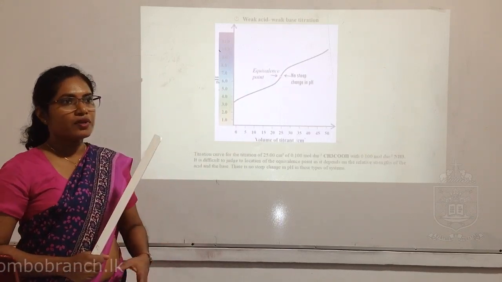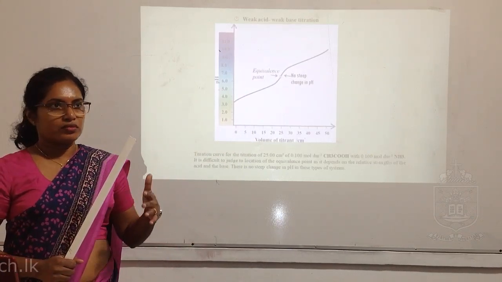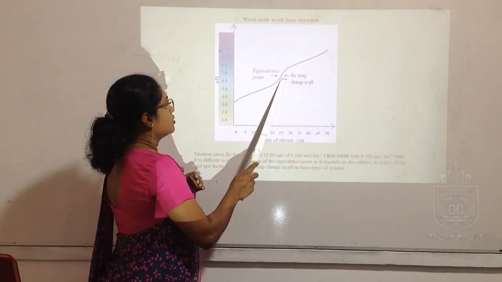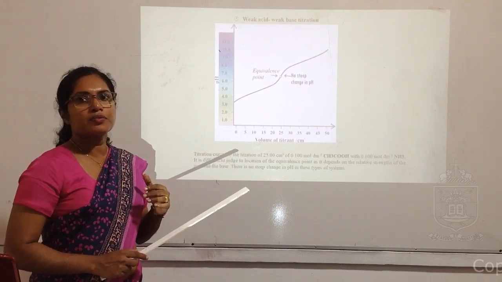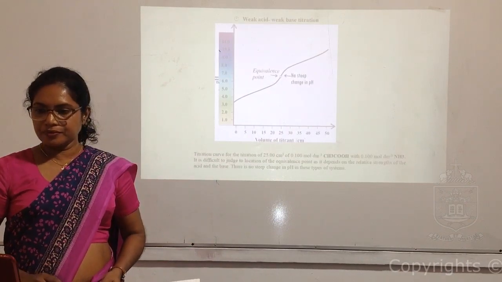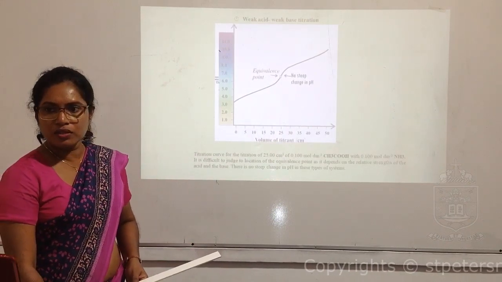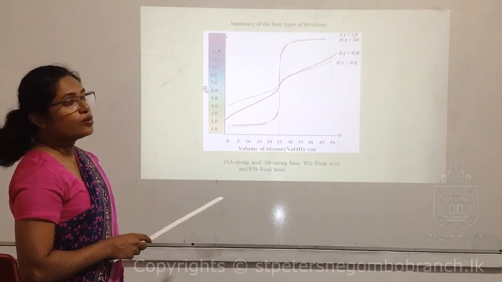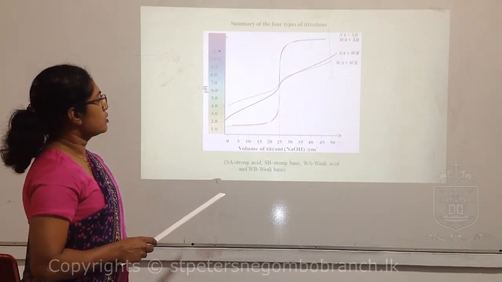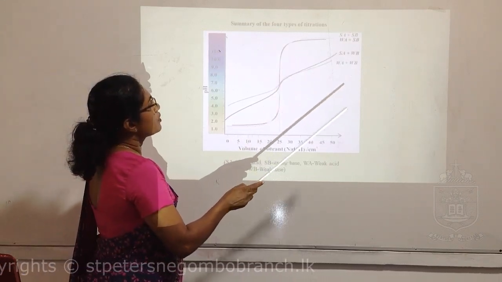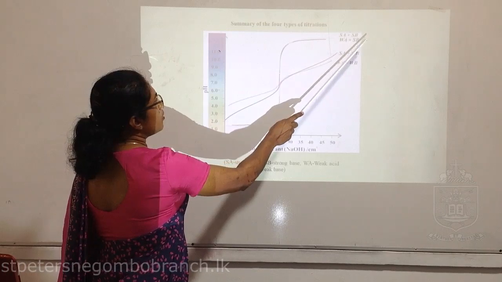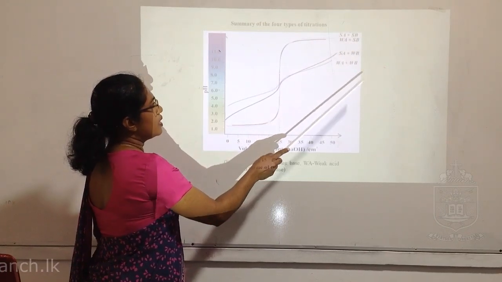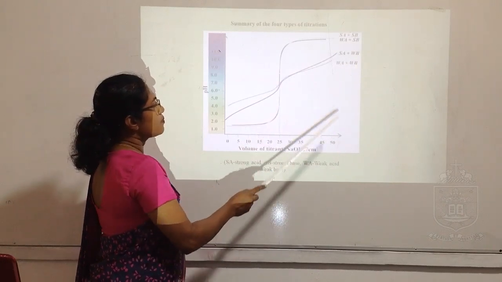Normally we cannot easily find an indicator to detect this equivalence point. Now this is the summary of 4 types: strong acid, strong base; weak acid, strong base; strong acid, weak base; and weak acid, weak base.